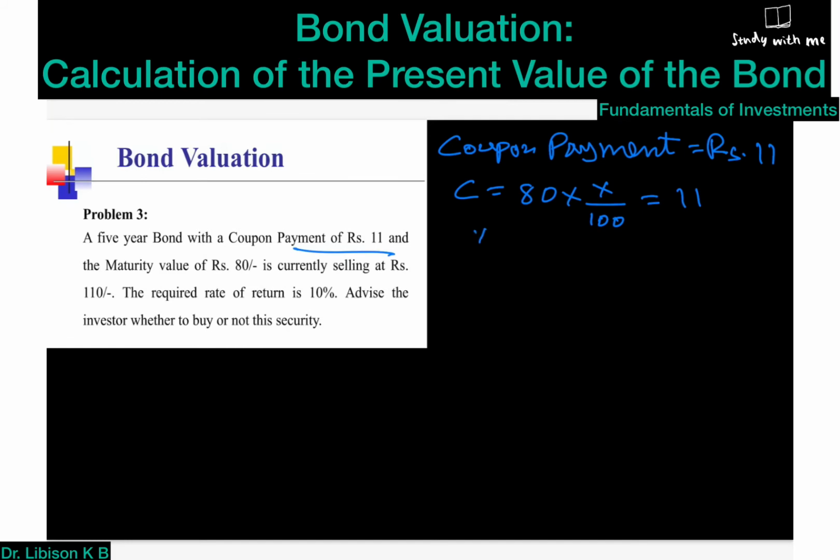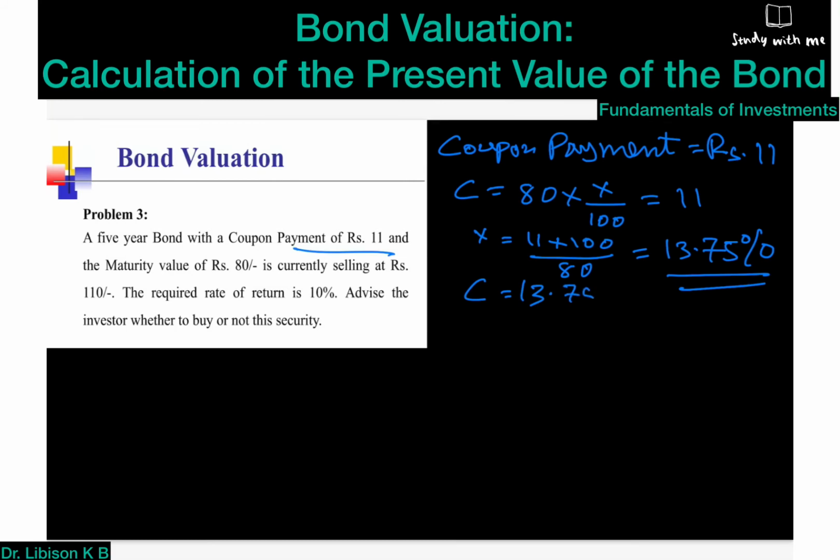So when you solve this, X is equal to 11 into 100 divided by 80, which is 13.75%. So this is the coupon rate. C is equal to 13.75%. Rest of the parameters are given in the problem.